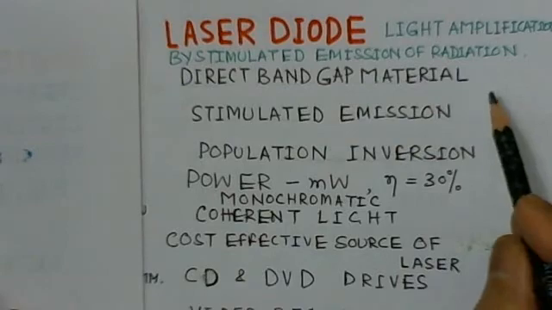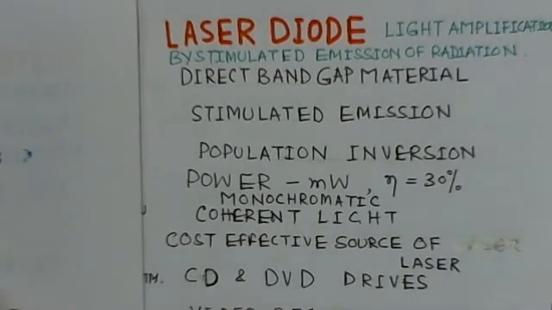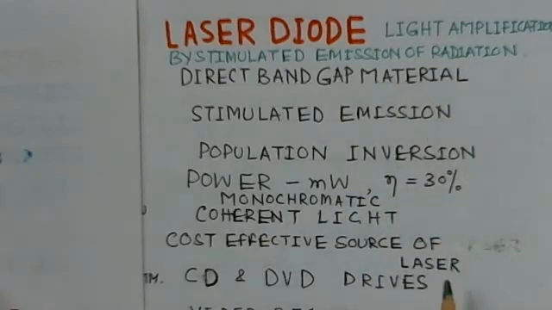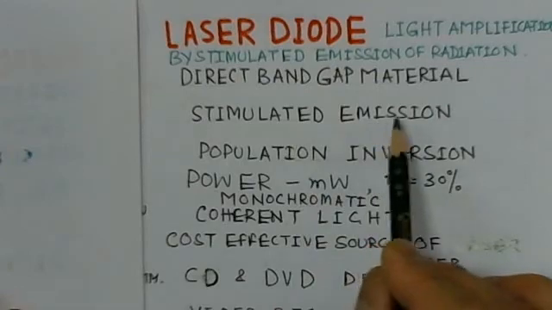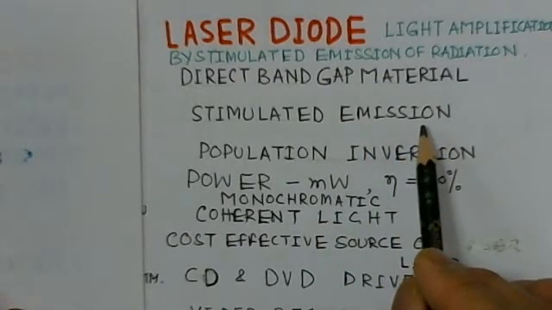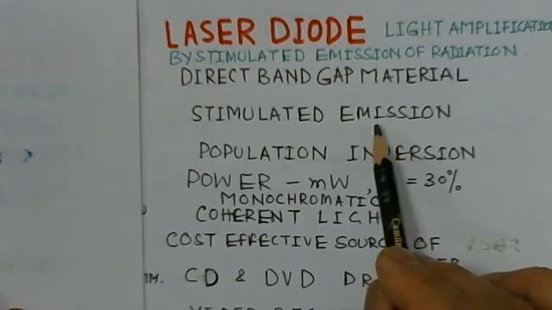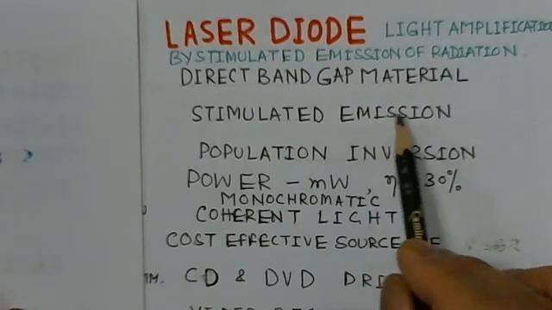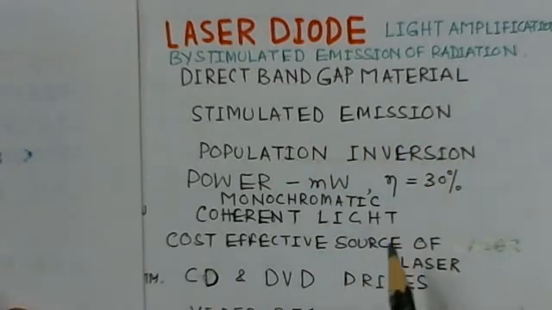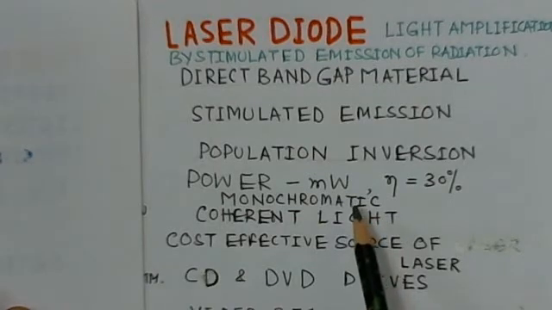The laser is the short term of this acronym, and these lasers use direct band gap materials, and a stimulated emission takes place here. Stimulated emission means these atoms are to be stimulated, so that continuous emission takes place. Otherwise it would be only spontaneous emission.